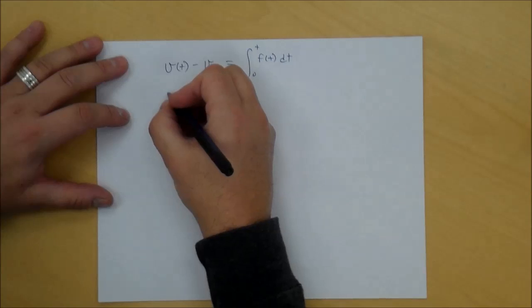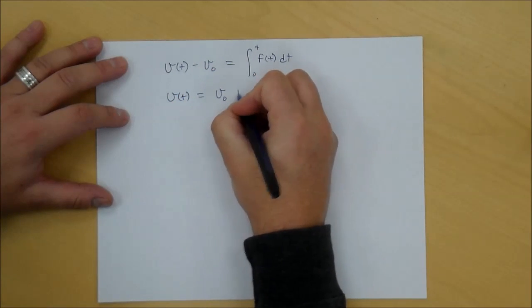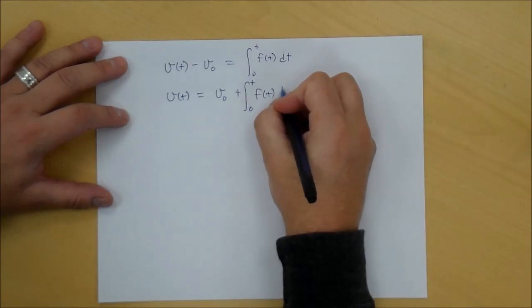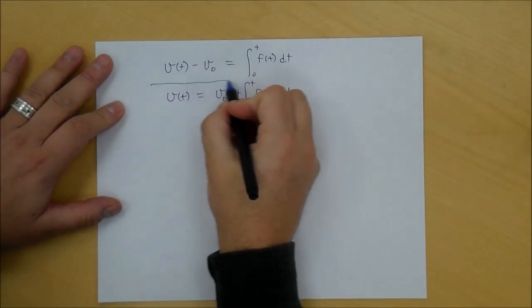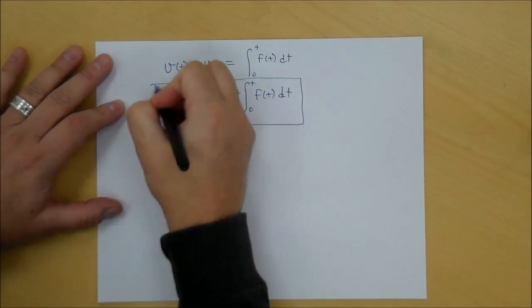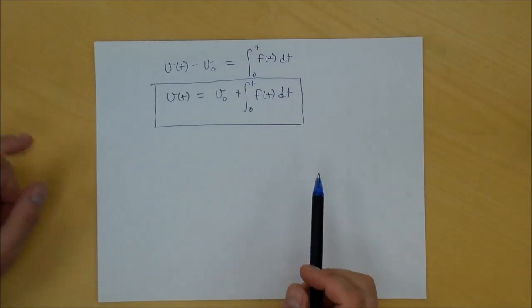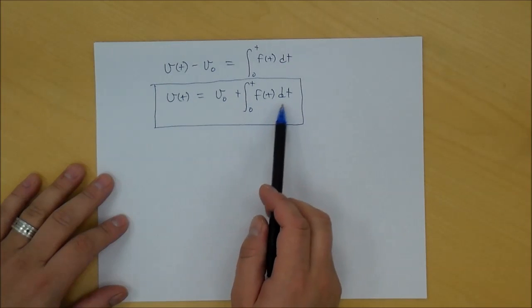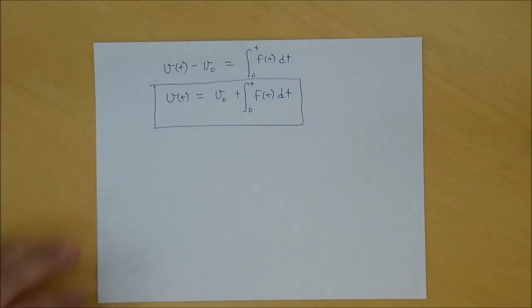So I can rearrange this a little bit and say that the velocity of t is equal to v naught plus the integral 0 to t, f of t, dt. So now I have an equation that tells me the velocity for any value of time. Okay? But in order to find that, I need to know the initial velocity, right? And I need to be given the form of the acceleration f of t and be able to integrate it.